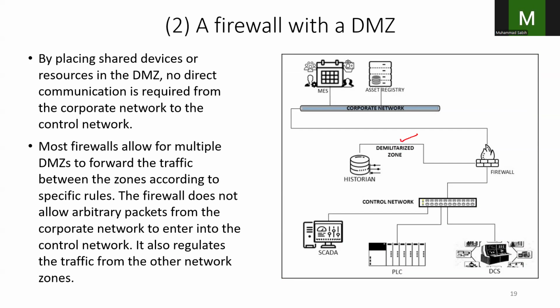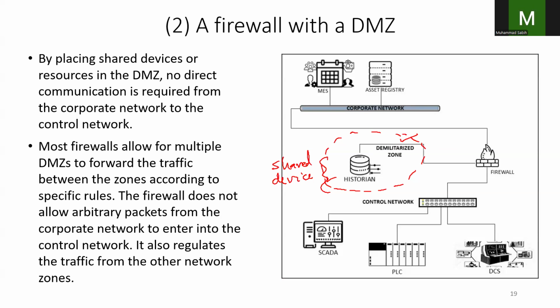When shared devices like a Historian are placed in the demilitarized zone, we can put more things here. So we avoid the direct communication between the corporate network and the control network, and that's a big security advantage.